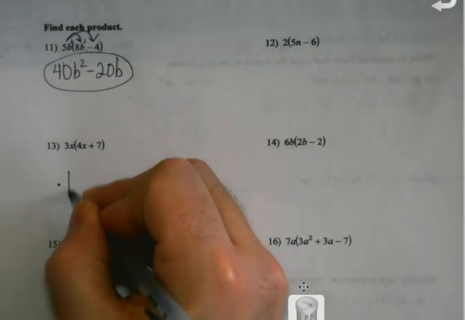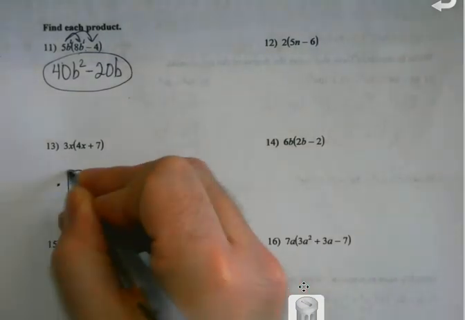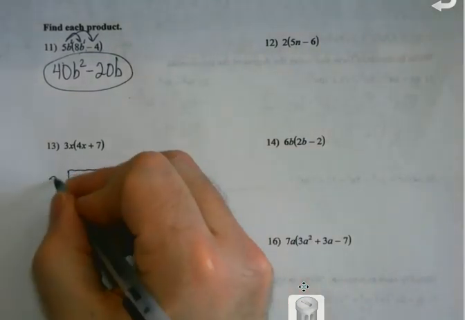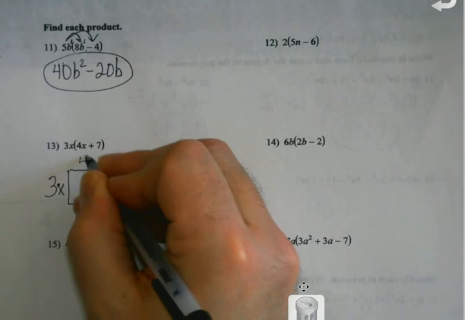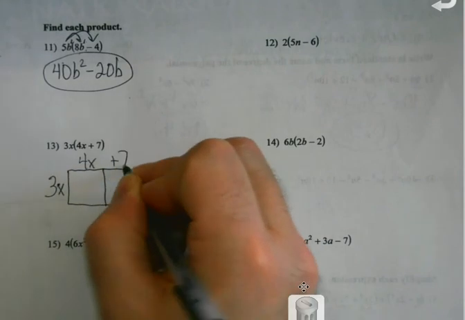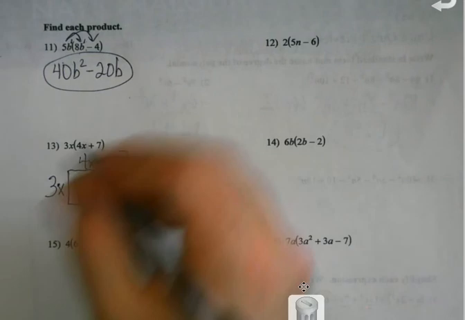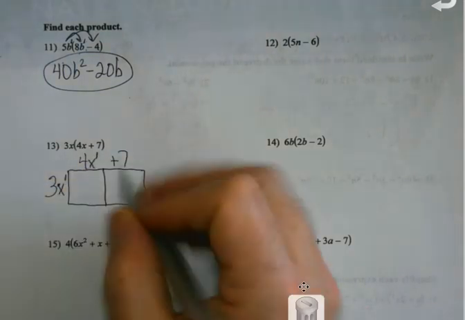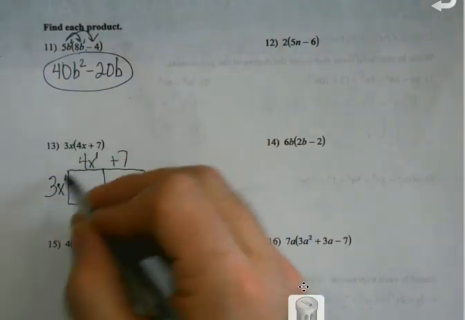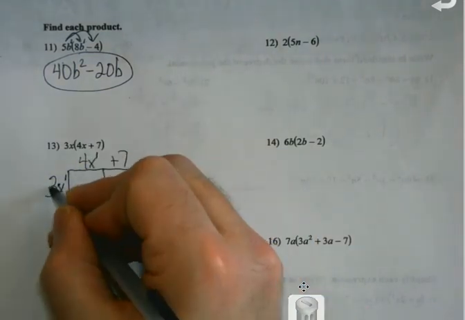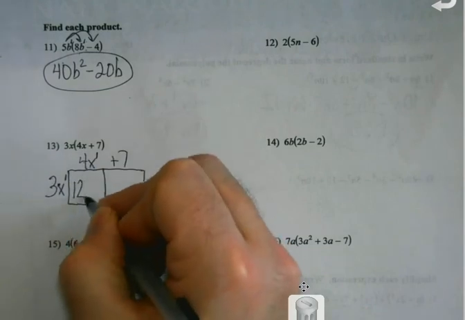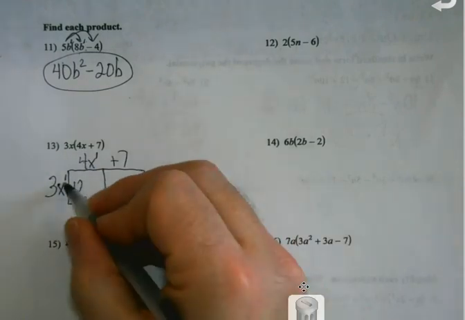Again, just because it's not 2 sets of parentheses doesn't mean I couldn't do the box. Get my little exponents here. And again, when I'm doing the box, I'm multiplying to fill it. So 3 times 4 is 12. But then I add the exponents.